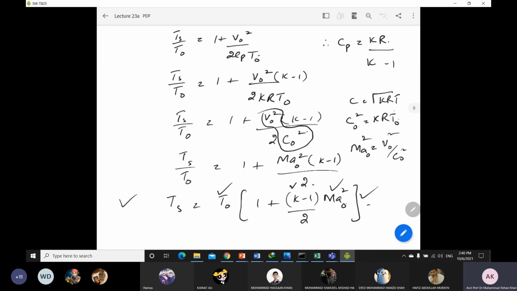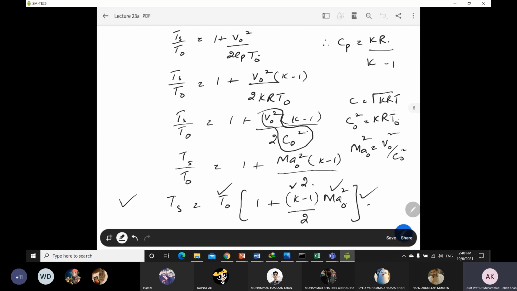So this is an important equation, so you have to note it down, and then we will develop some more equations in order to find the stagnation pressure and stagnation density.